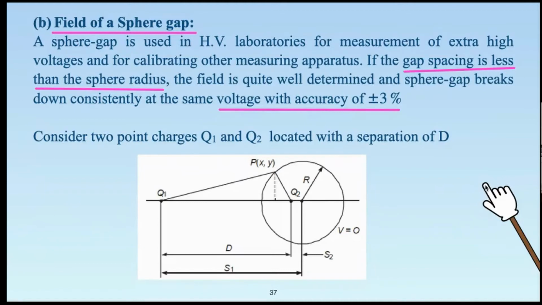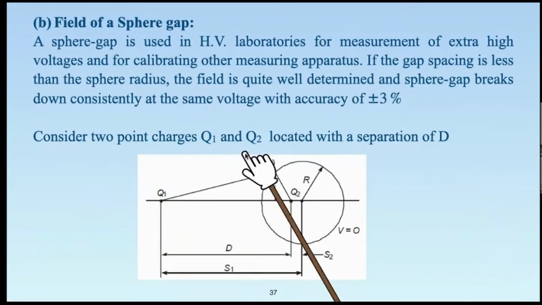There are two spheres. One is connected to the high voltage terminal, and the second one is connected to the ground. The accurate readings will be observed provided the ground connected sphere has a zero potential surface on its plane. So let us check with this particular derivation here.